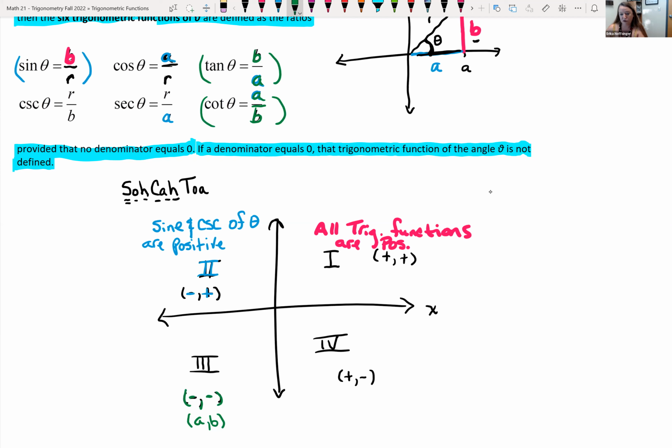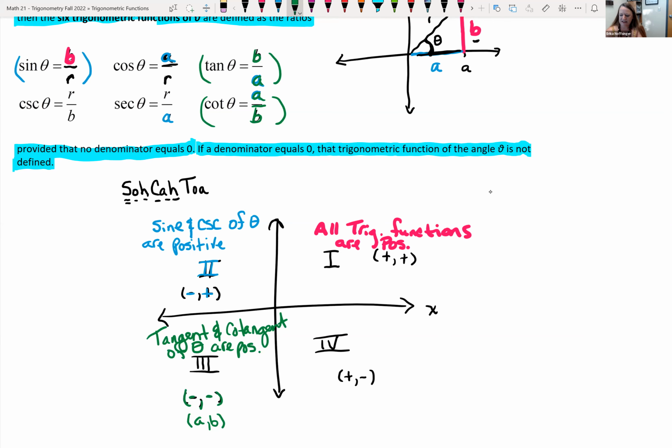So down here in the third quadrant, the only trigonometric functions of theta that are positive are tangent and cotangent.